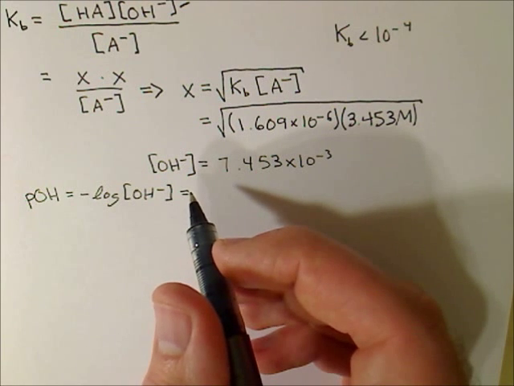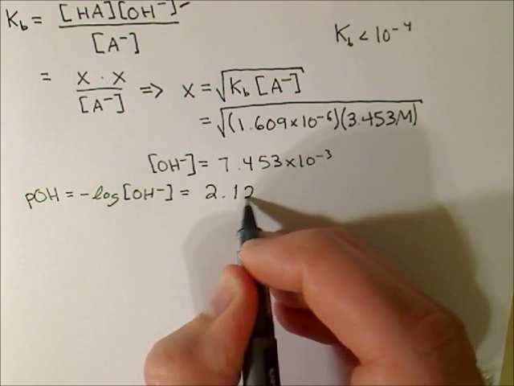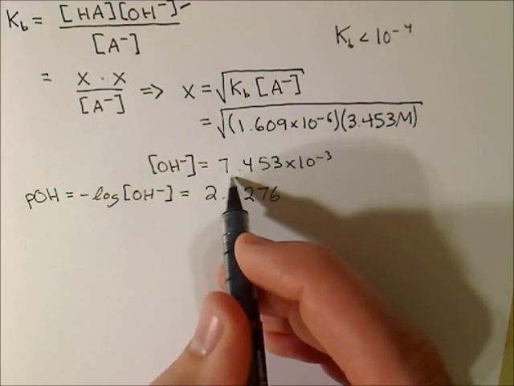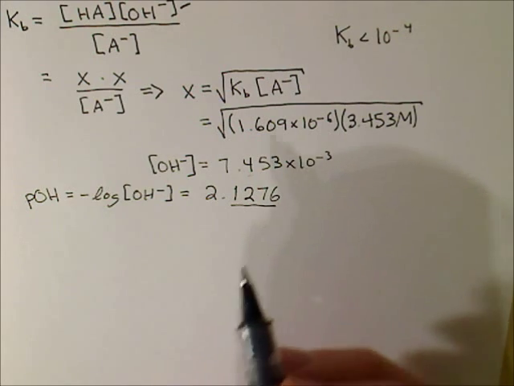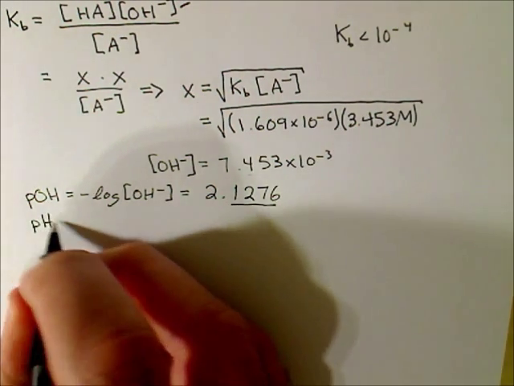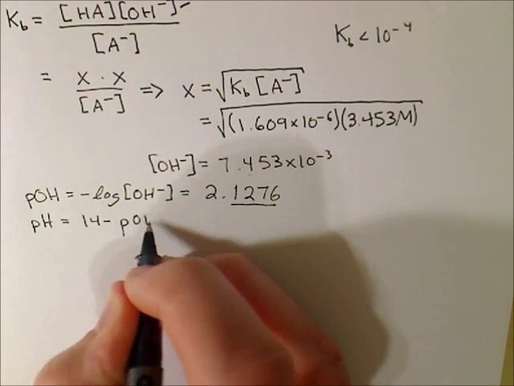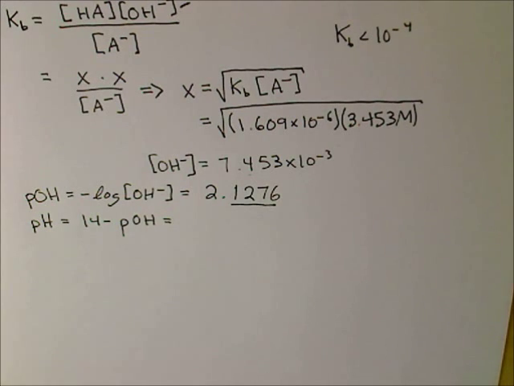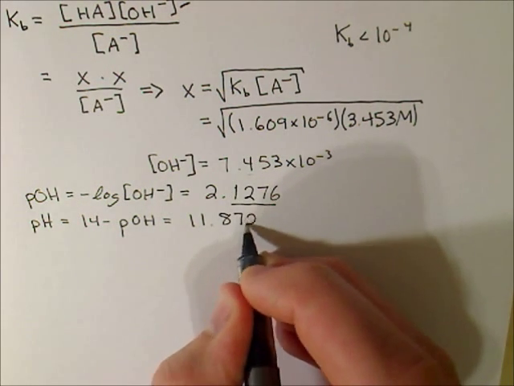And in our case, we find the pOH is equal to 2.1276. 4 significant figures past the decimal, so that checks out. That's right. And then the pH is just equal to 14 minus the pOH, which in our case comes out to equal 11.8724.